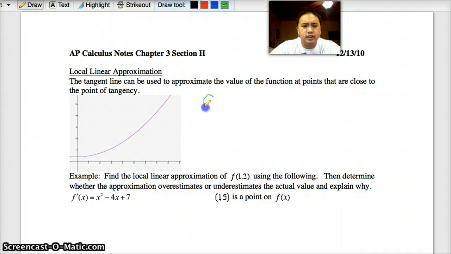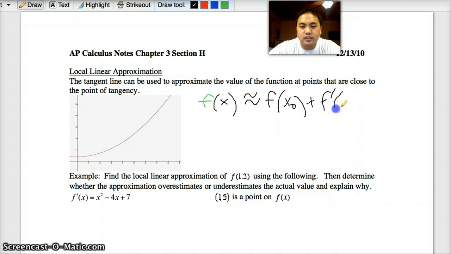The linear approximation: f of x is roughly equal to f of x0 plus f prime of x0 times x minus x0. So at the end of this problem, you're going to get a line formula.